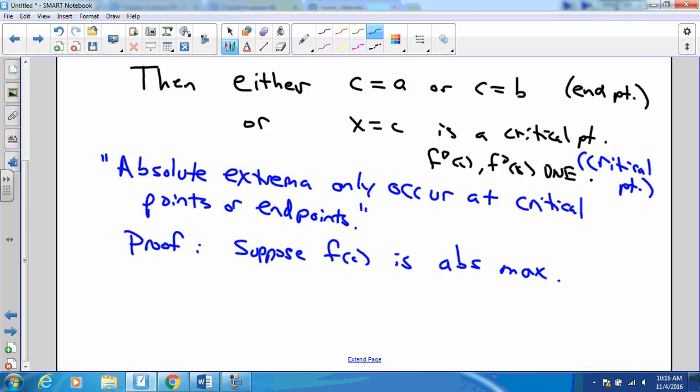Does it have to be? Counterexample. Here is my f. Here's my a. Here's my b. There's my absolute max. Not a local max. You're right. It doesn't really have a local max.